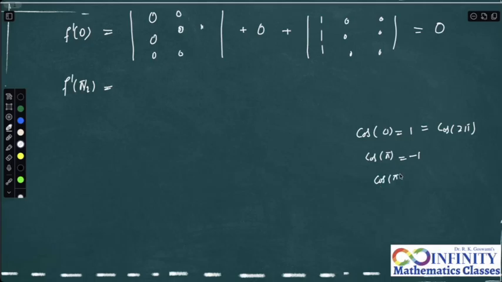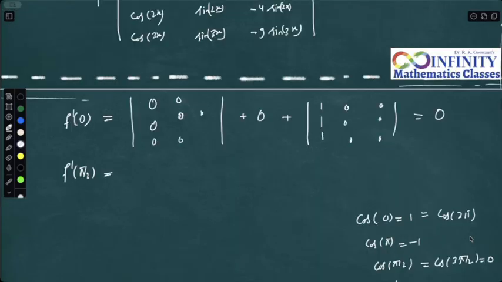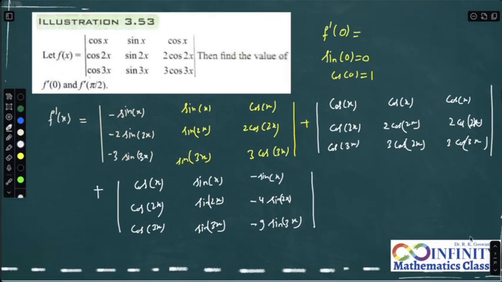Cos pi by 2 and cos 3 pi by 2 are going to be 0 for you. Sin pi is 0. Sin pi by 2 is 1 and sin 3 pi by 2 is minus 1. Just note down the values. Try to plug the values here. Try to tell me.